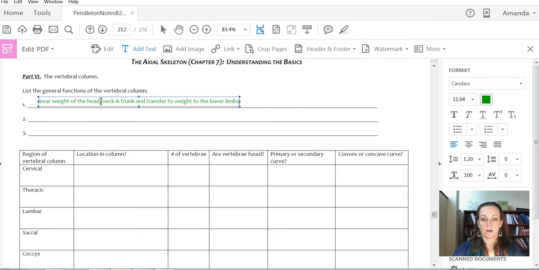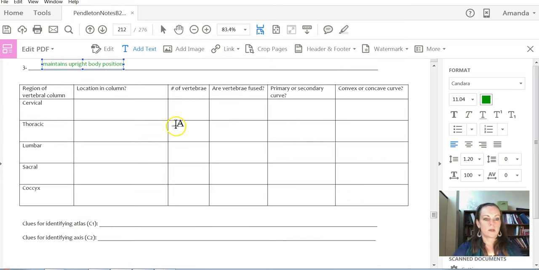Okay, so all of that weight goes down that column. That's what's holding it up, and eventually it sends it down to the legs. Not surprisingly, it helps protect the spinal cord. Okay, and the other thing too is it helps me be upright. Okay, so it maintains an upright body position.